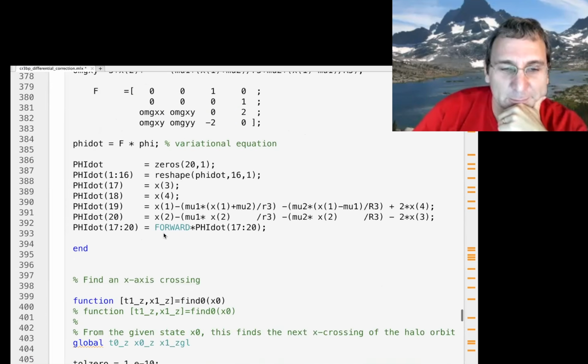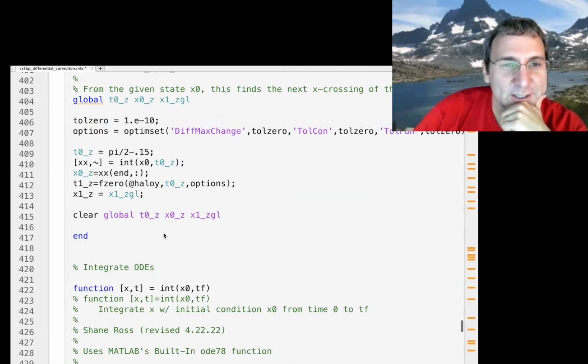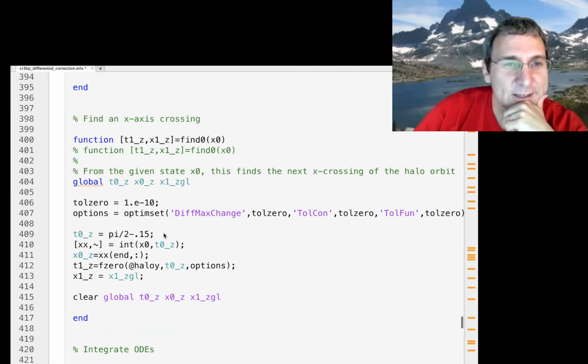But essentially, it's the same thing. Finding an axis crossing, x-axis crossing. I think there's better ways to do this, but I made my own function before MATLAB had something called events.